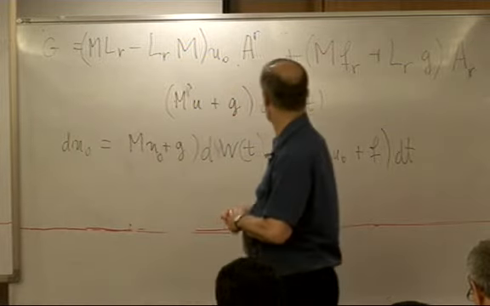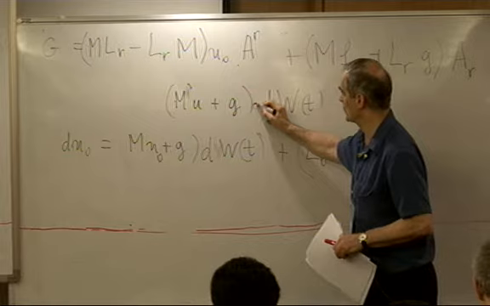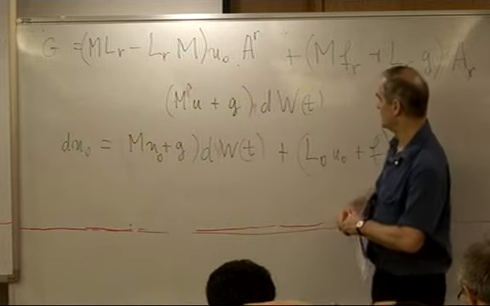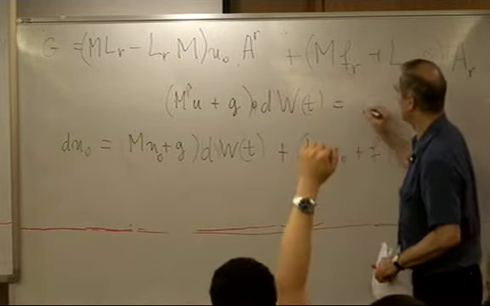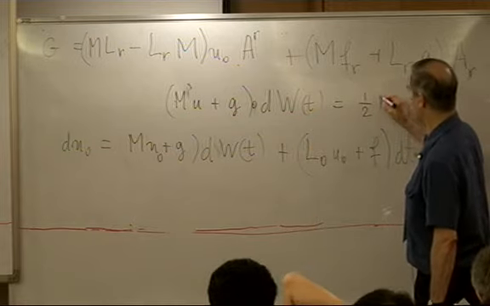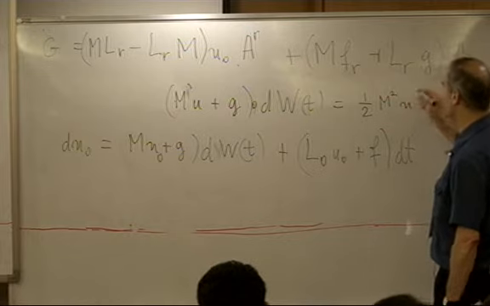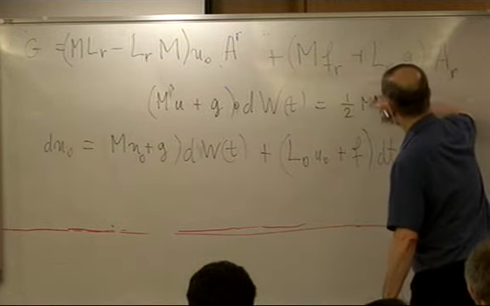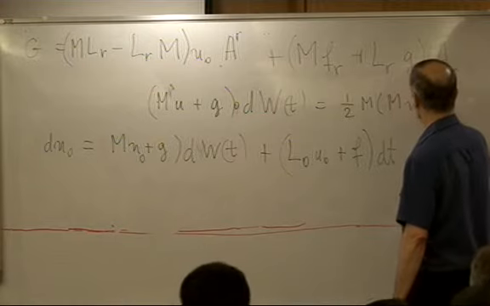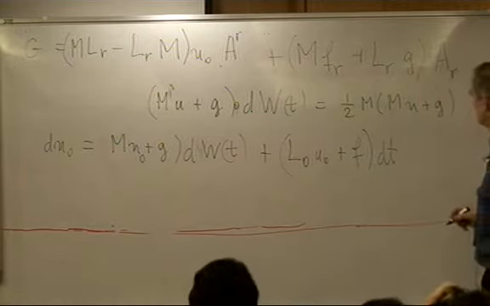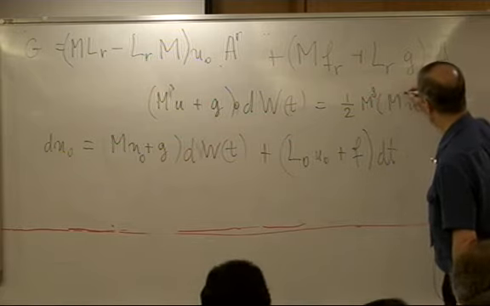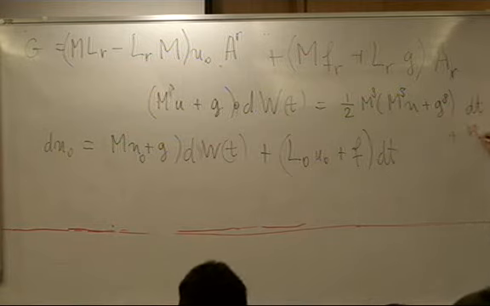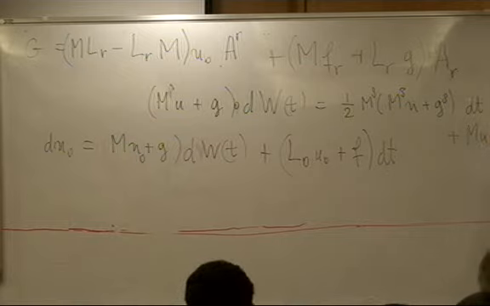If one introduces the Stratonovich version, which I am not going to do now, that adds the 1/2 M squared U. So M, and then M U plus G, and rho, and then dt plus the M U plus G with this dWT.